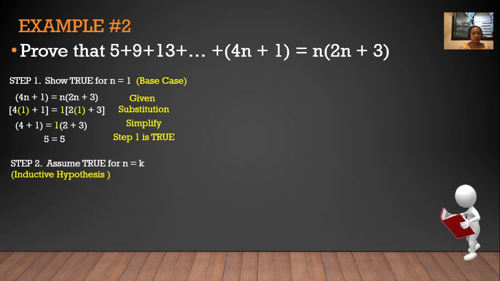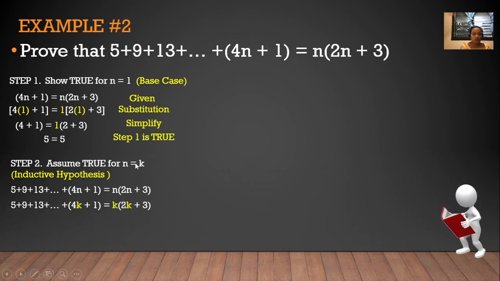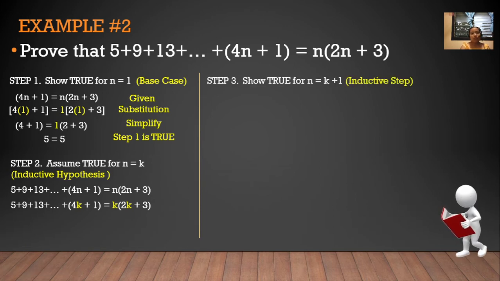Let's go to step 2. Assume true for n is equal to k. So let's go back to the given, this one. And then we are going to substitute the n to k. So change n to k everywhere. That's for step 2. Let's go for step 3.